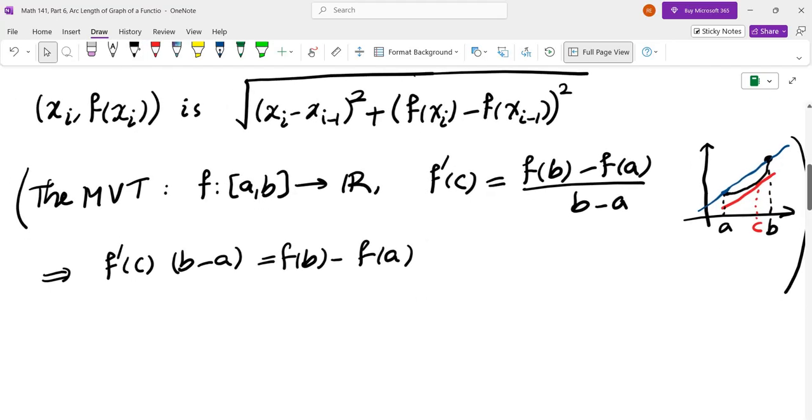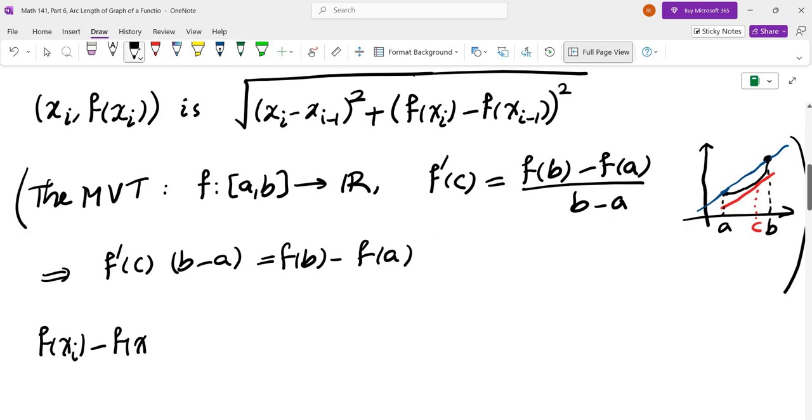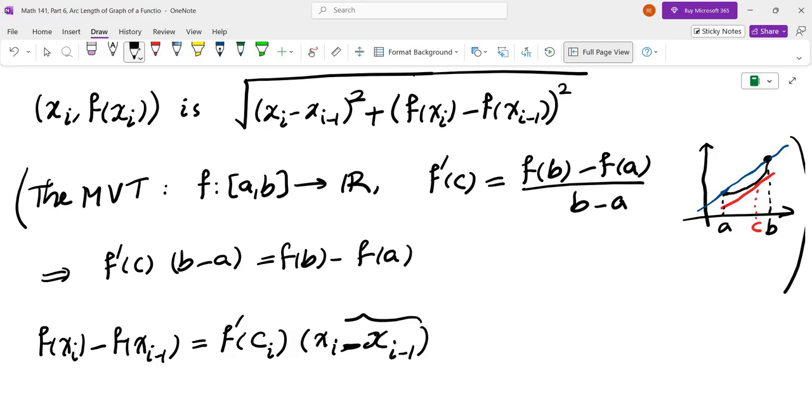So we're going to use this one in this problem. If we do, we get f of xi minus f of x_{i-1} is equal to f prime of, let's call that ci, times xi minus x_{i-1}. Now this is what we called delta xi. So this is f prime of ci delta xi.